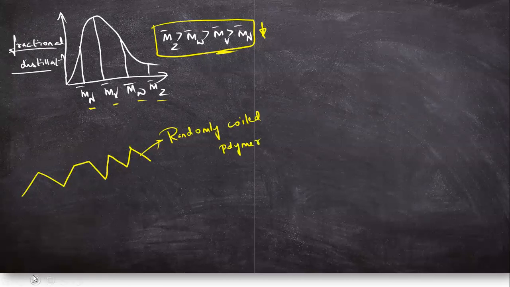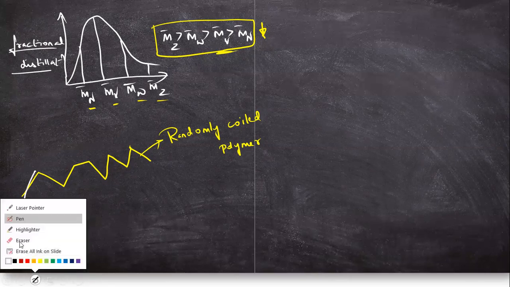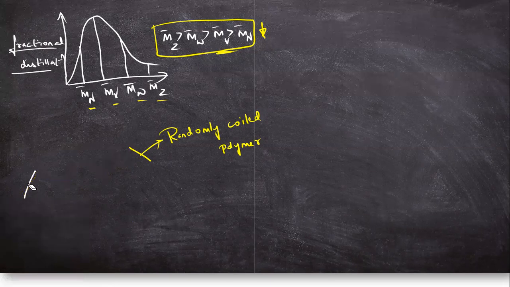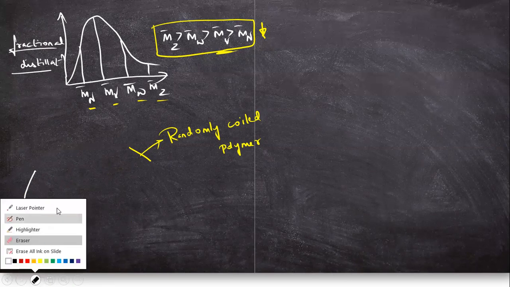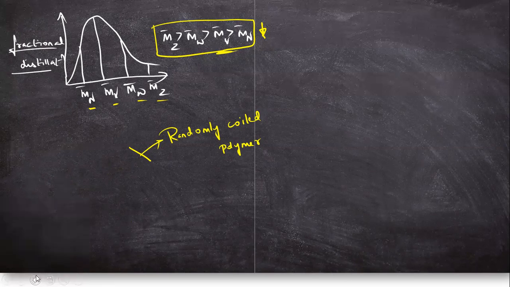Here these are the monomer units, guys. This is one monomer unit. Sorry, it is completely gone. Let me draw again. Okay, so this is a polymer.